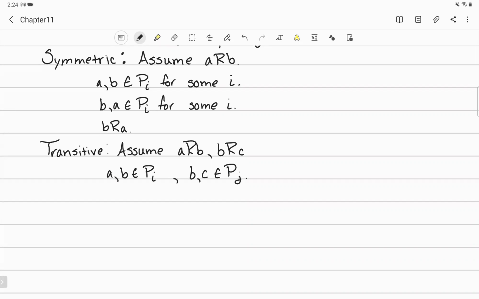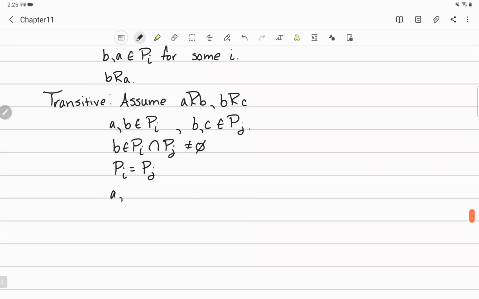Yeah. So it's that pairwise disjoint thing, right? Their intersection is not empty, so they have to actually be the same thing. You guys see that? So B is an element of P_i intersect P_j, so it's not equal to the empty set. P_i equals P_j.